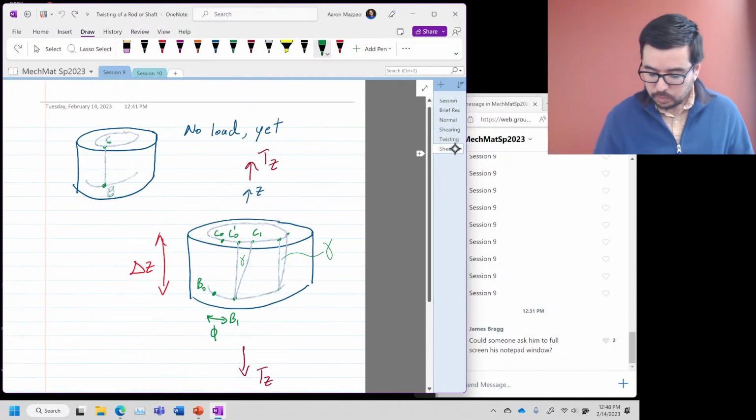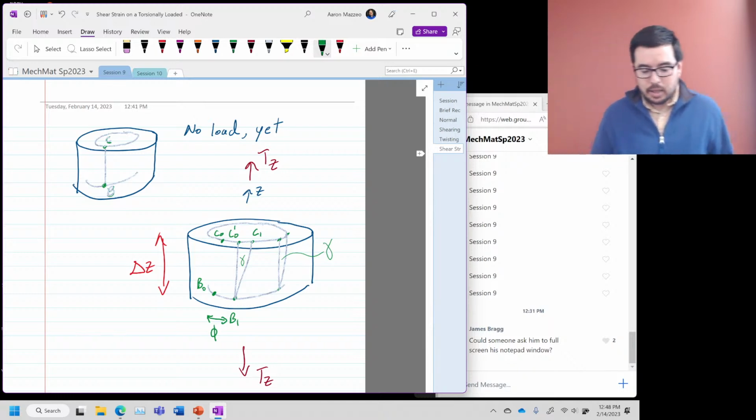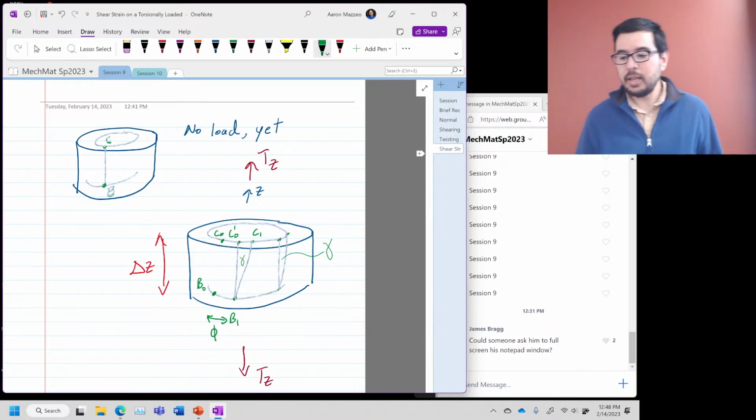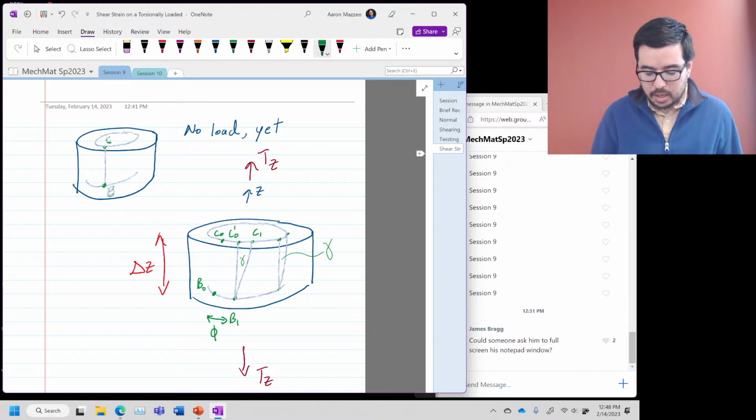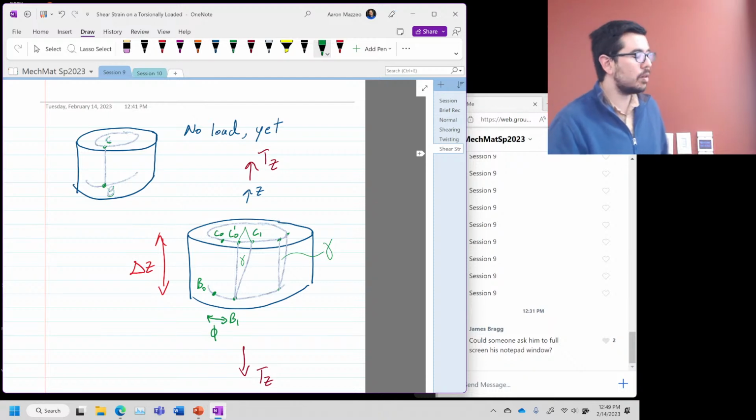So this twist, okay, is related to the angle of twist. Okay, so I should say that again.